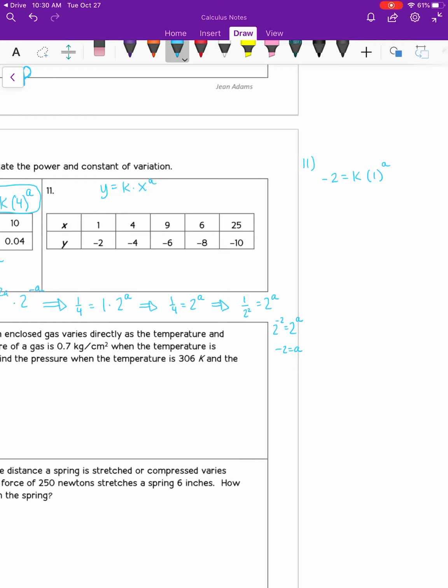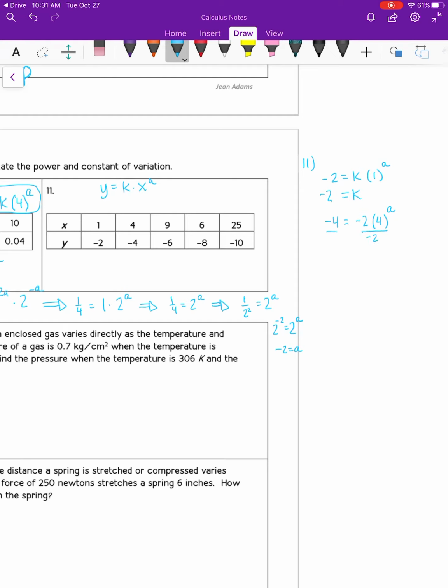Okay, sorry about that. So this one's kind of easy because you already now know that your k is negative 2, because 1 to any power is 1, right? So you've got your k. And then you can use the next one, -4 equals, and now we can put that k in, times 4 to the a. And then we can solve for a here.